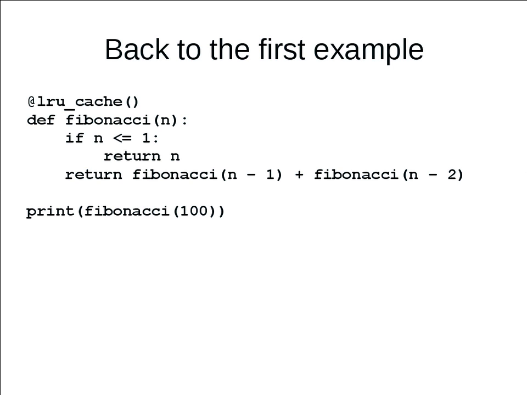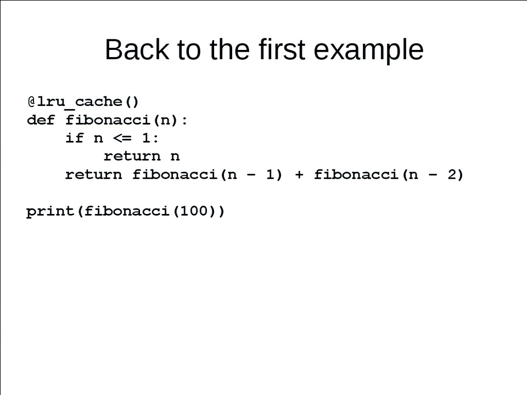So instead of making 2 calls every time we call Fibonacci with any value, now we get a whole lot of them like that. So it goes from roughly 2 to the power of 100 function calls down to roughly 100-ish function calls to compute the 100th Fibonacci value.